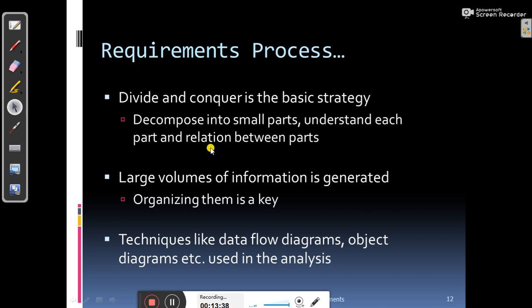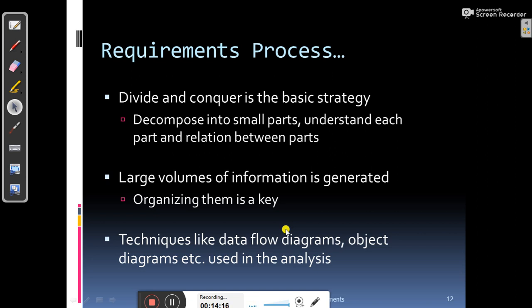are used in this analysis. We will not discuss this part because we have already discussed what a DFD is, and if you require more about these things or these object diagrams, in a later part of this course we'll discuss them thoroughly, because in previous videos I have given some hints and brief concepts about DFD and diagrams, and we'll also try to understand more about DFD and other diagrams later in the course if it is desired.